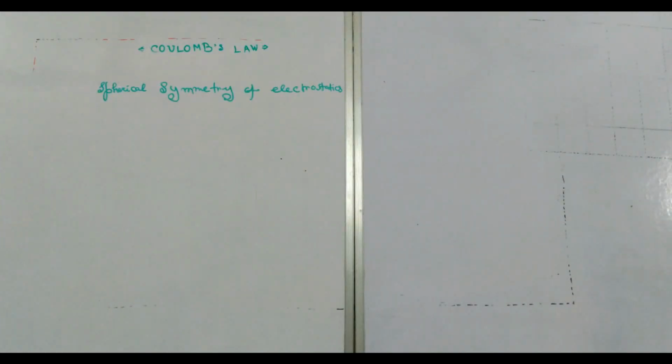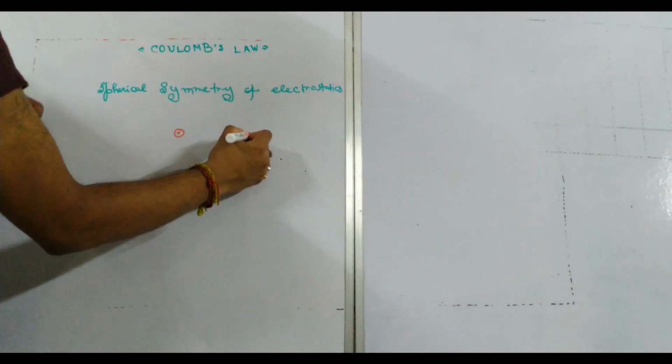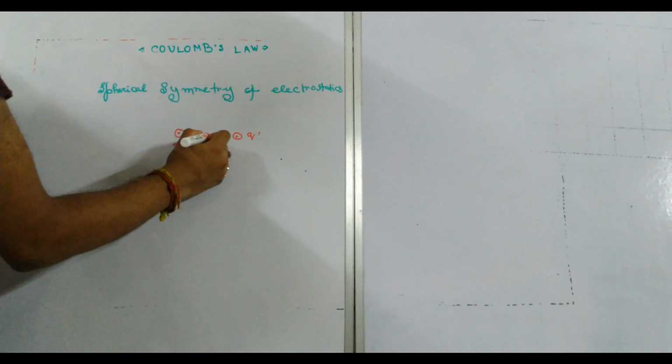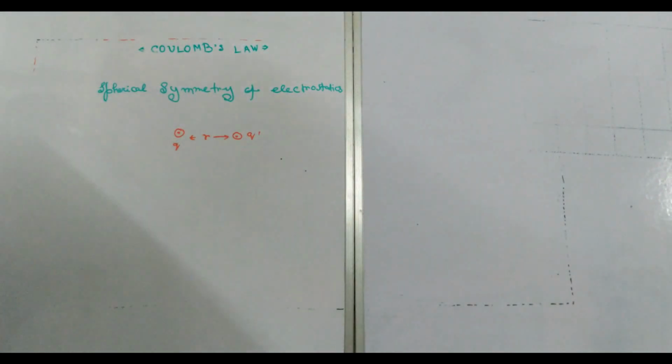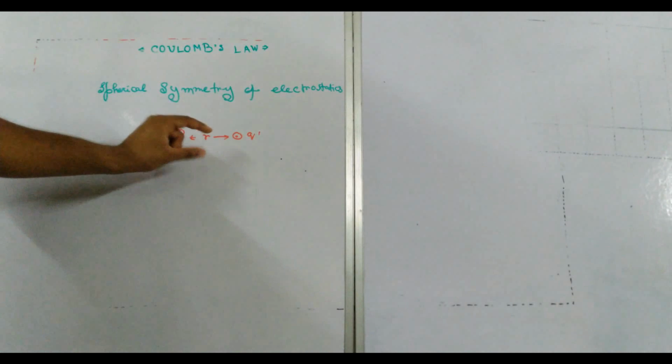An interesting part to be discussed is the spherical symmetry of electrostatics. We know that the force of attraction or repulsion between two charged particles is inversely proportional to the square of their distance. Now suppose two charged particles, one Q and another Q dash, are placed at a distance r. Centering on one charged particle Q, let us imagine a spherical surface of radius r.